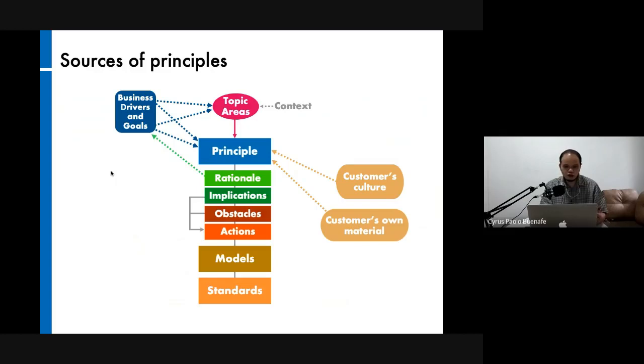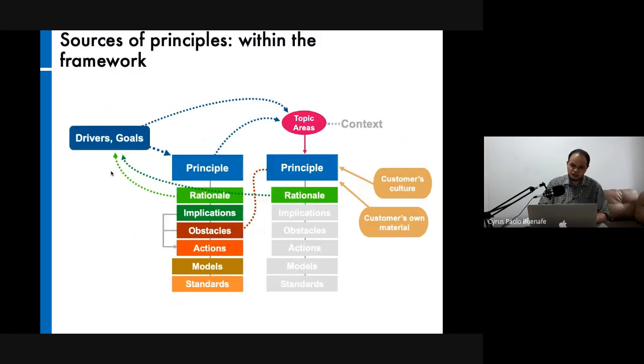In the case especially of the business principle, your rationale will always tie back to your drivers and goals, and then it follows a straight line, so to speak. So logically, you'll have implications. If this principle needs to happen, what do I need to do? What is needed? What are the implications? What are the obstacles to achieve that? What's going to be my task? What are the actions to be done? Here's the connection: your rationale will also tie back to your drivers and goals.